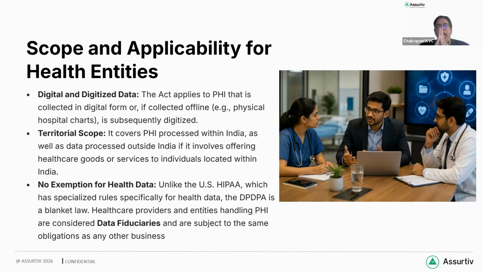Yes, the act applies to personal health information of an organization where you are collecting the data in digital form, or even if it is collected offline, like hospital documents or physical charts, but you are going to subsequently digitalize it. In the current digital era, there are multiple chances of data loss, data theft, and document loss during fire.